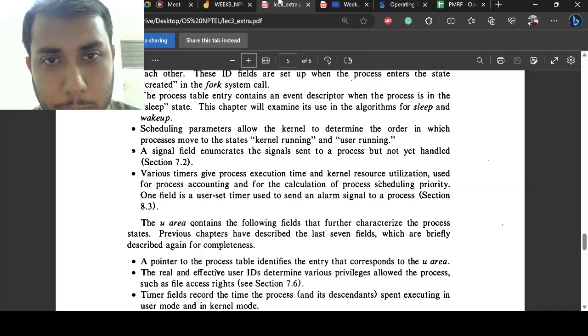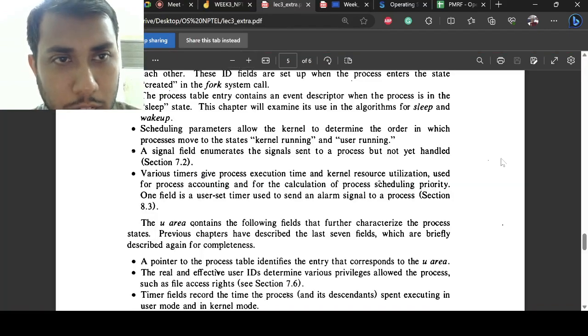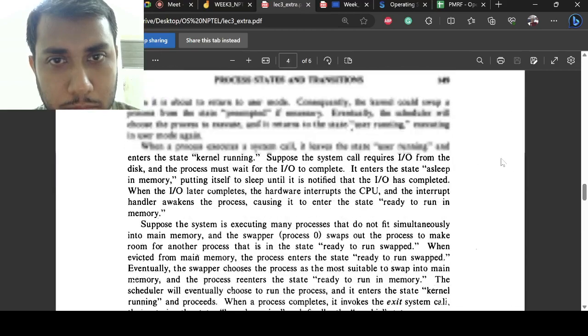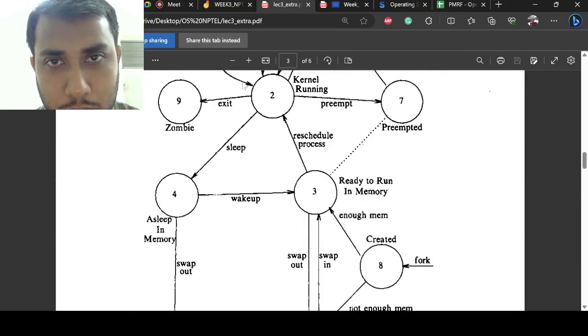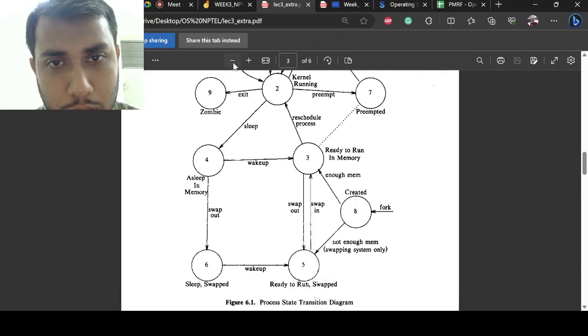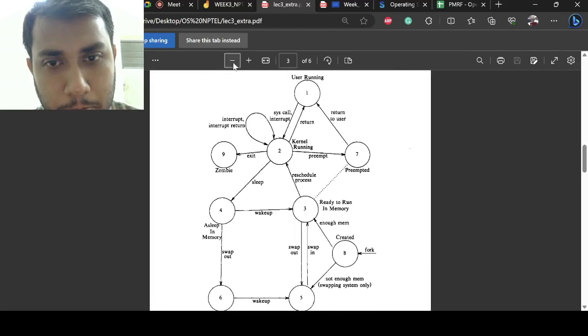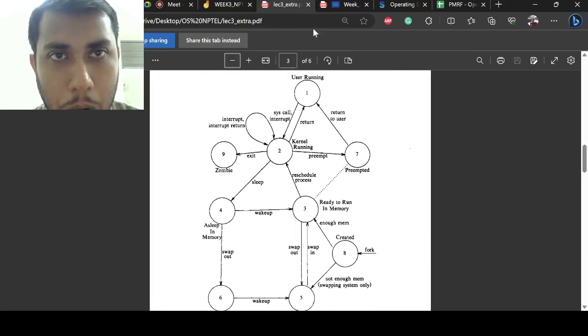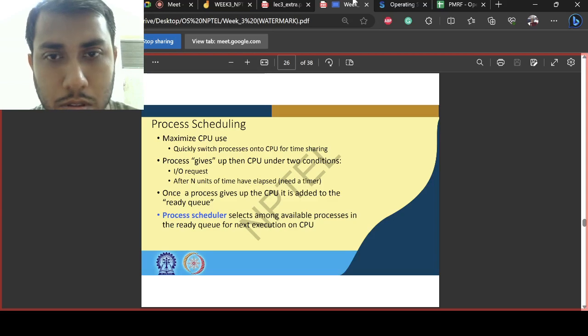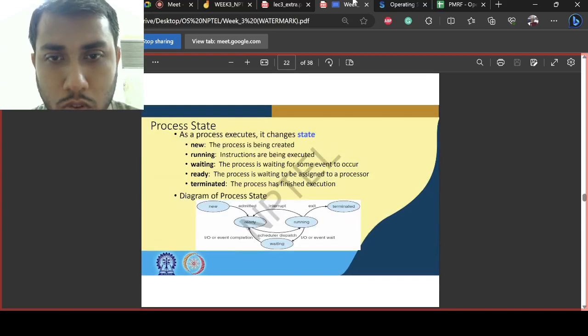Let's jump back to the diagram. Once its IO is done, it comes back to the ready queue, and also in case of an interrupt, it comes back to the ready queue.